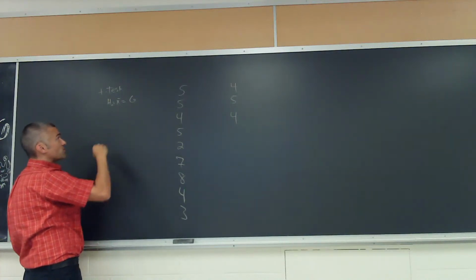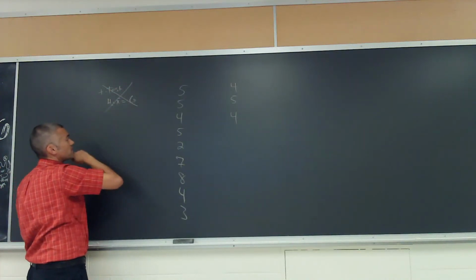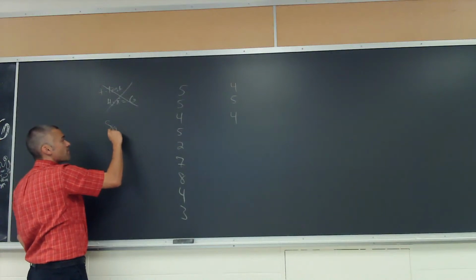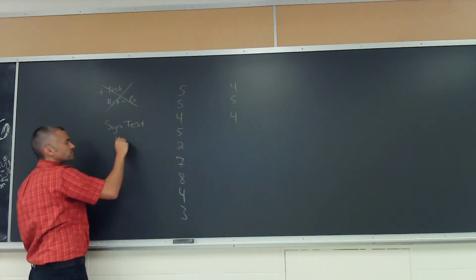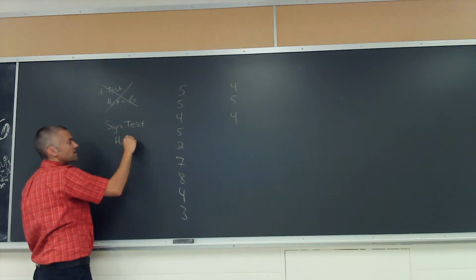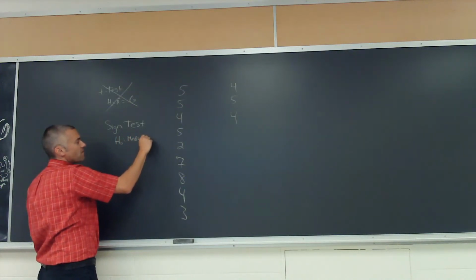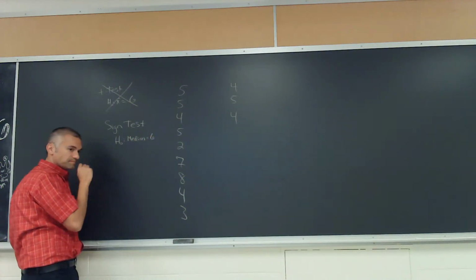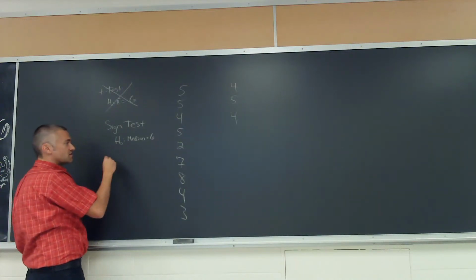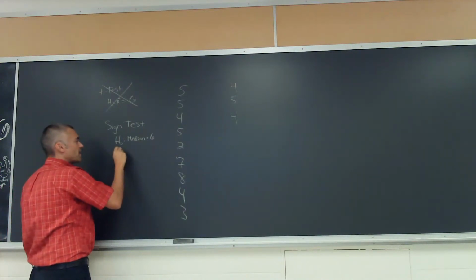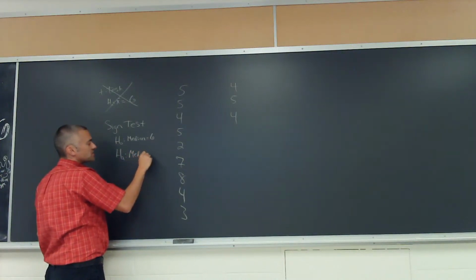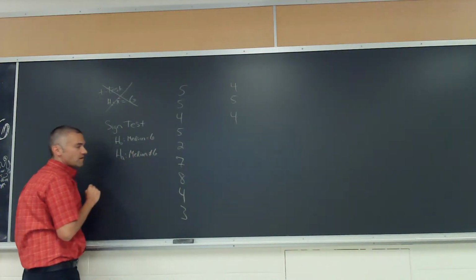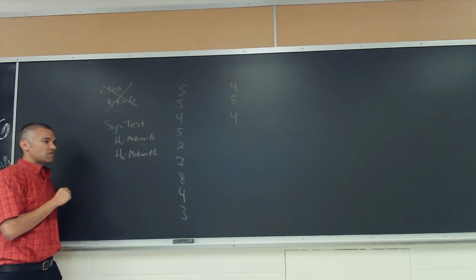It's not normal, so we really can't do a t-test. So instead we're going to do a sign test. And our sign test is going to test if our median is equal to 6. That's what we're going to test. And it's just arbitrary. And our alternate then is we'll say that our median is not equal to 6. So this will be our sign test.